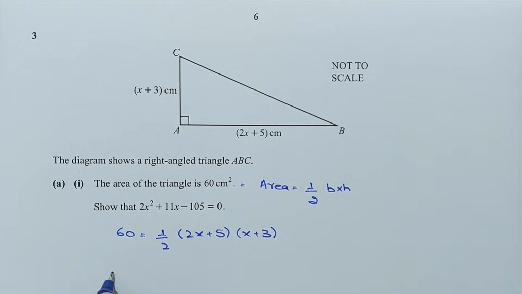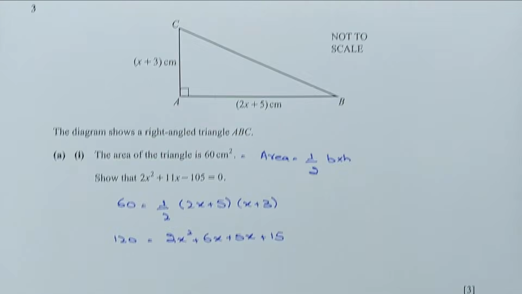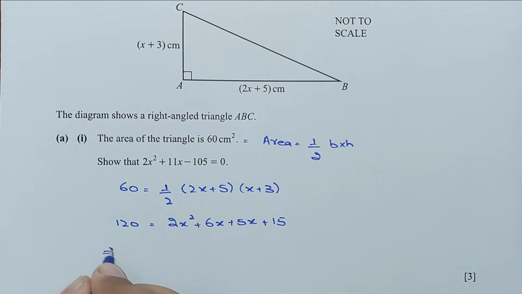2 times 60 is 120. Let me use the distributive property. 2x square, 2 times 3 would be 6x, 3 times 5 times x, and 5 times 3 is 15. Shifting all the terms to the left side, we can say 2x square plus 6x and 5x would be 11x, plus 15, and take away 120.